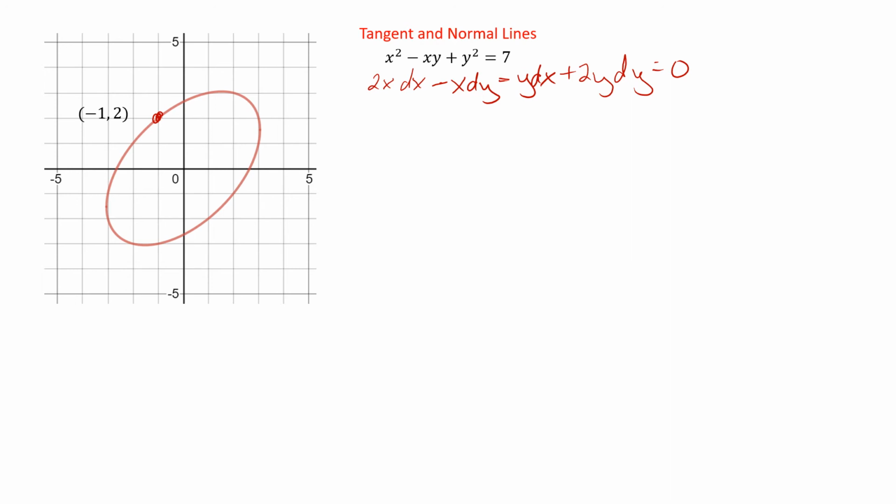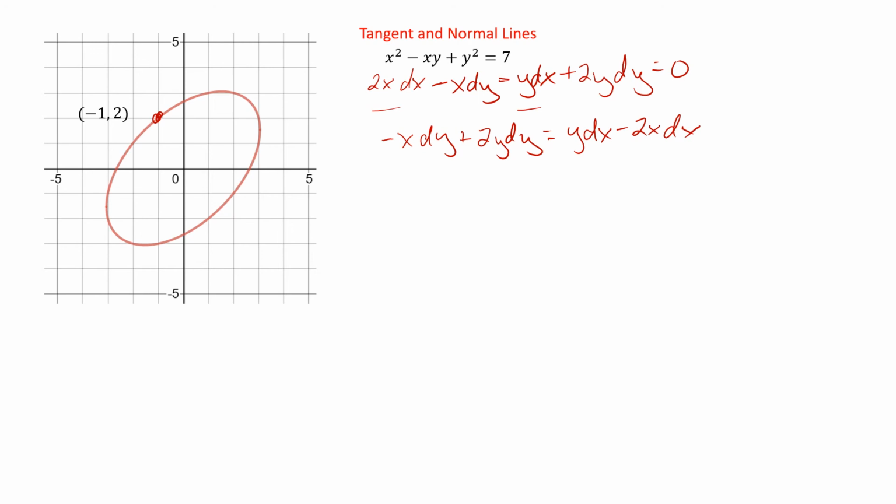So the dx's are going to go to the other side. That leaves us with some dy's. That leaves us with a negative x dy plus 2y dy equals, and then we'll have a y dx minus 2x dx.